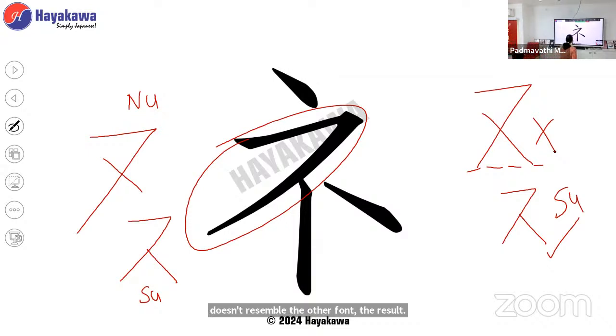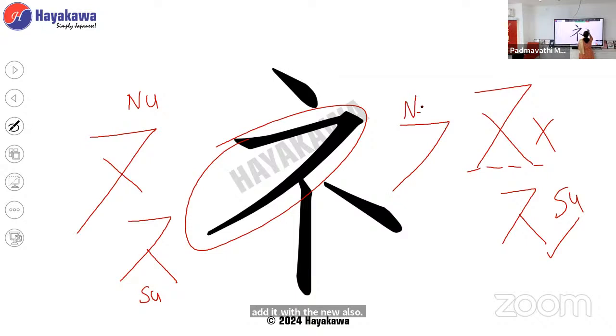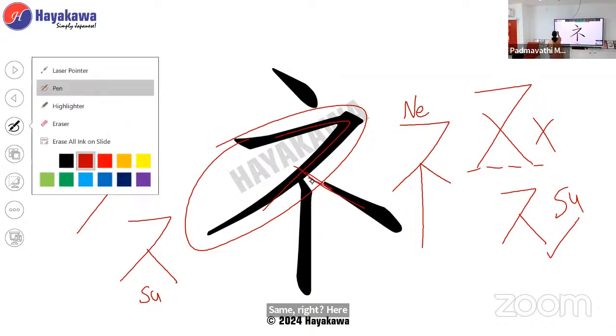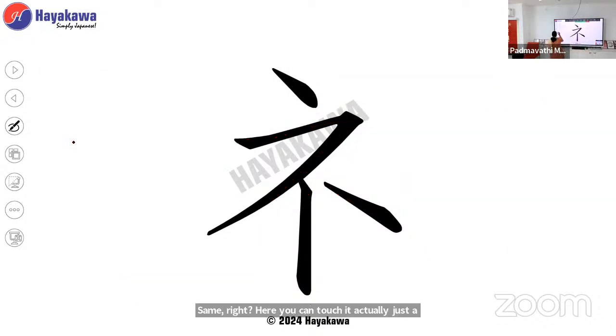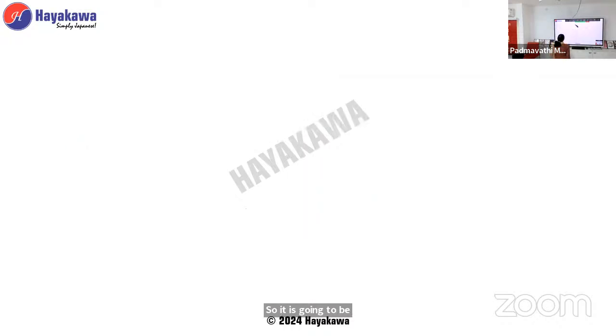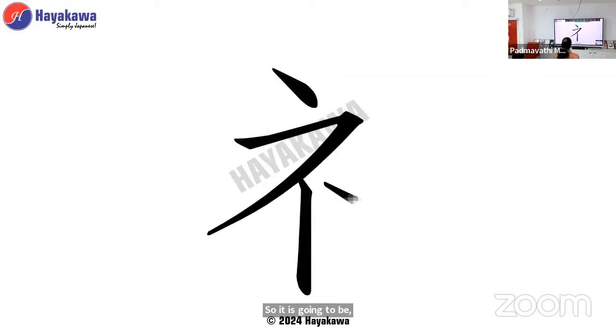Now this shape, we're going to add it with ne. This is ne. Here you can touch it actually. So it is 1, 2, 3 and 4.